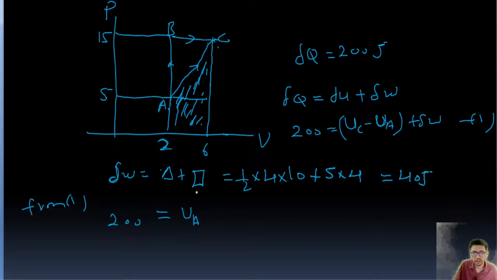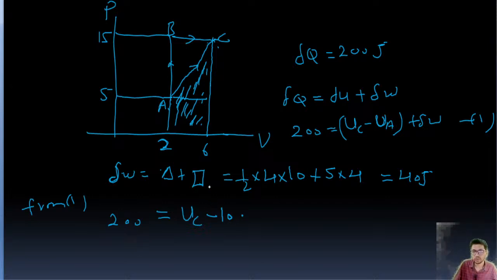Now from equation 1, UC minus UA. The UA value is given in the question, this is 10 joule. And we can see delta W is positive; positive means heat given to the system, negative means heat extracted from the system, okay, so we just leave that.